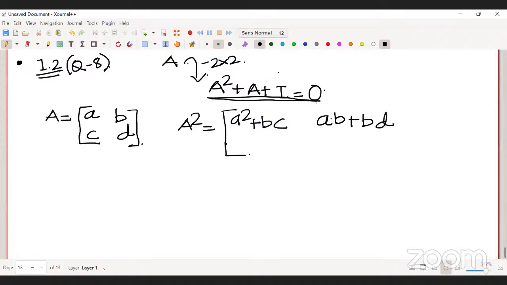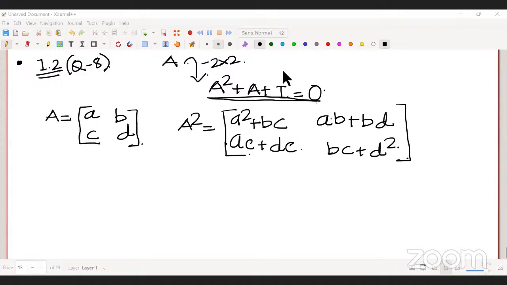And the 2, 1 entry is AC plus DC, and the last entry is BC plus D square. So this is the matrix A square.